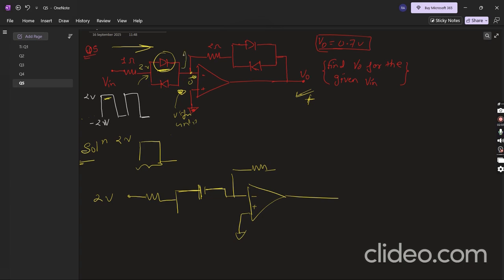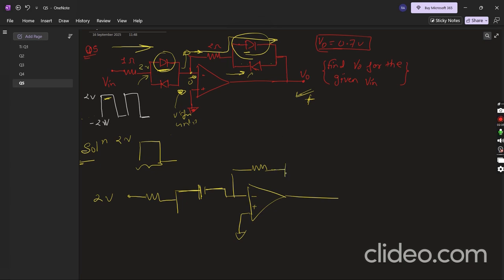It will flow like this. So it will not go through this diode, because this is a reverse biased diode. Current will not flow from this side to this side. This is the correct orientation for the diode. So current will flow in this direction. So this diode is on.